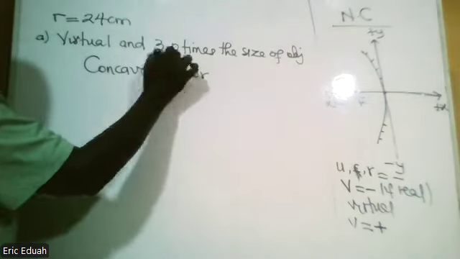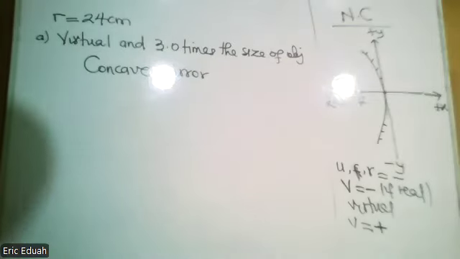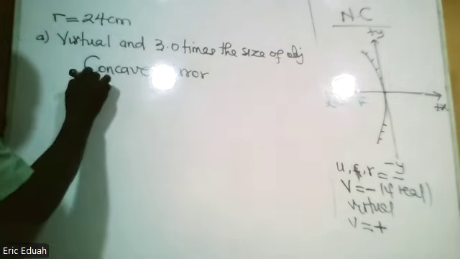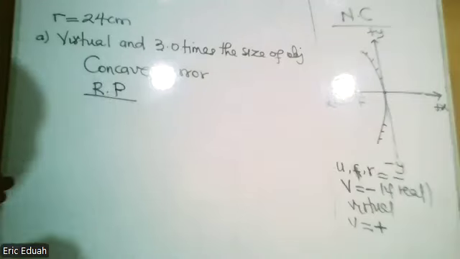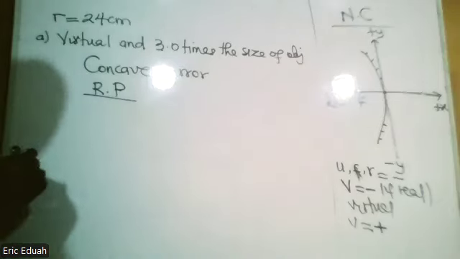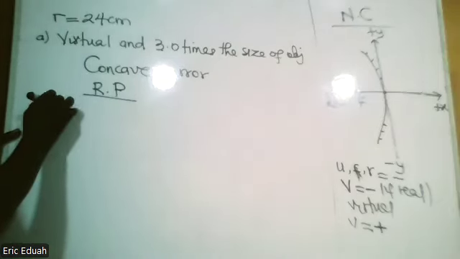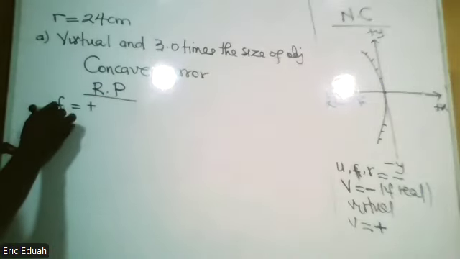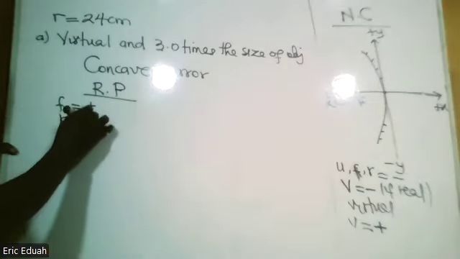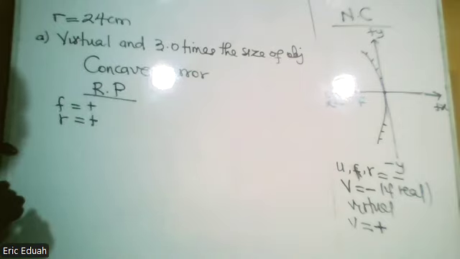That is very important. Using the real is positive convention, for a concave mirror, F is positive because F is real, and R is also positive because C is real.